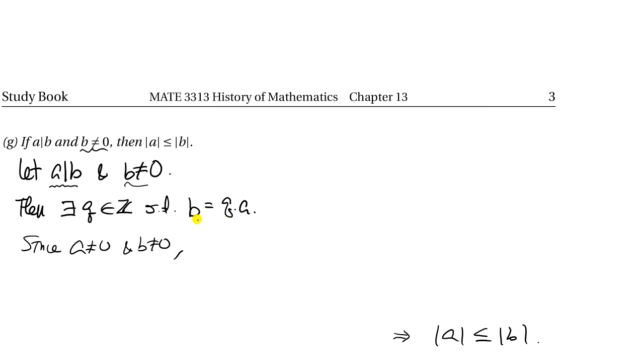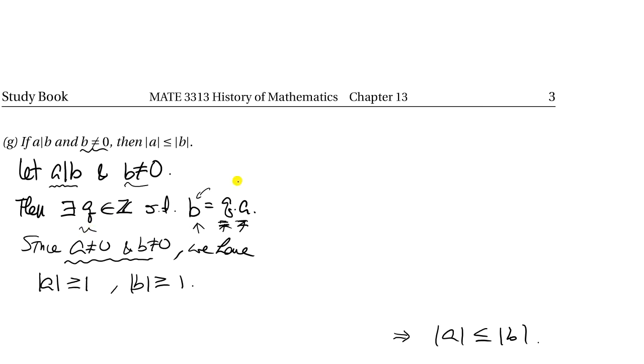So when you multiply those two numbers and it makes B, then look at the case. Of course, A, Q, B, all of them can be positive or negative. But when we think about the absolute values of each, then each nonzero number has absolute value greater than or equal to 1. So because of this condition, we know that the absolute value of A is greater than or equal to 1, right? And the absolute value of B is greater than or equal to 1.